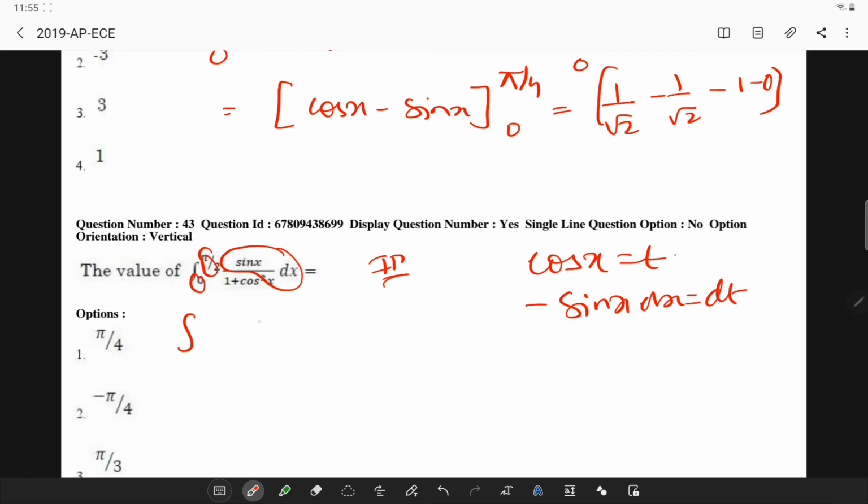So here this will be minus 1 by 1 plus t square into dt. So this is simply tan inverse of 1 minus tan inverse t with limits pi by 2 and 0.